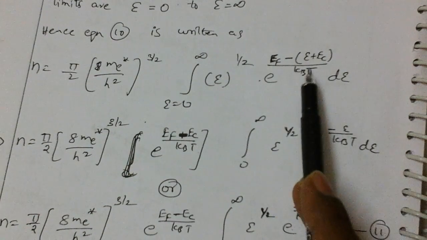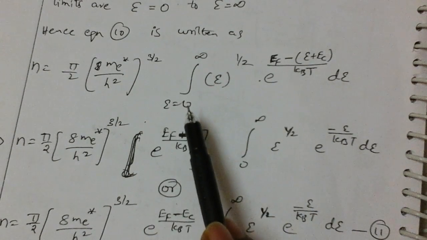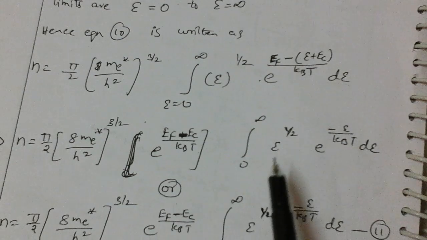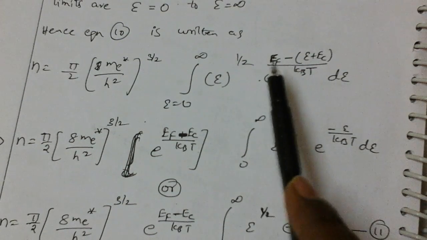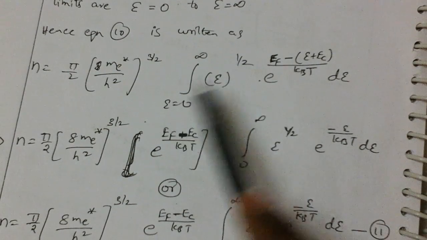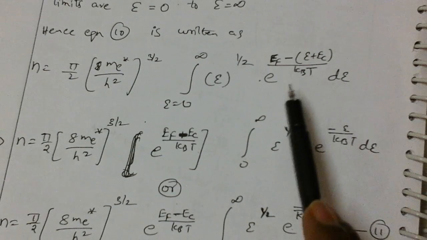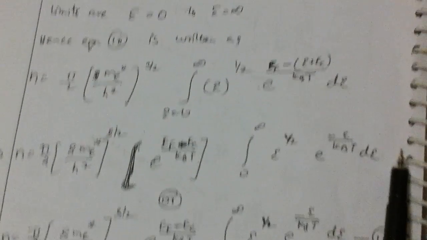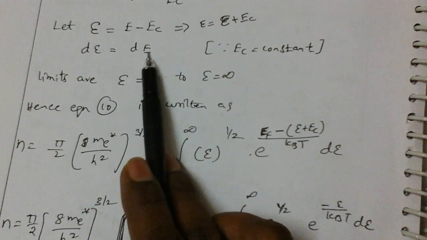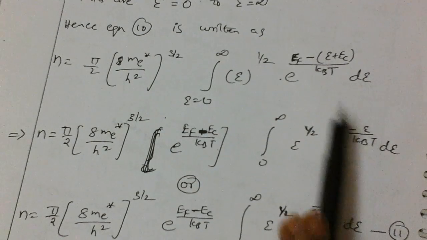E_F is constant, E_c is constant, so the constant terms I am writing outside. What remains inside the integration, 0 to infinity, is e power of minus E by kBT, with E to the power 1 by 2 as it is. E_F and E_c have already gone outside the integration. So it is minus E by kBT dE. And dE is equal to small d, as already said, we substitute like this.